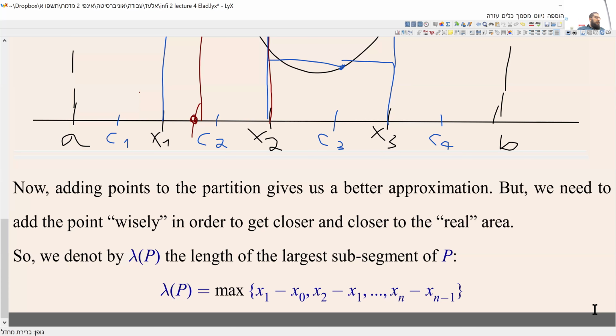And lambda is called the parameter of the partition P.